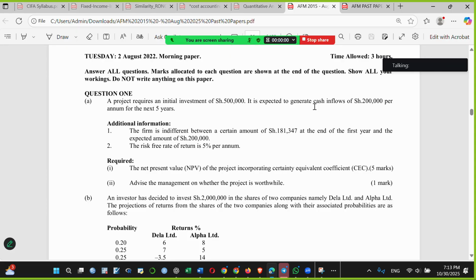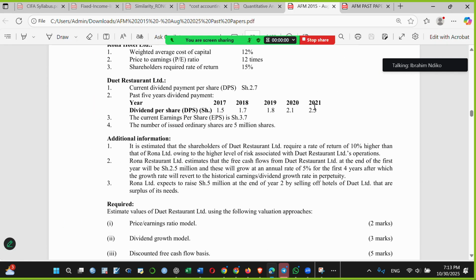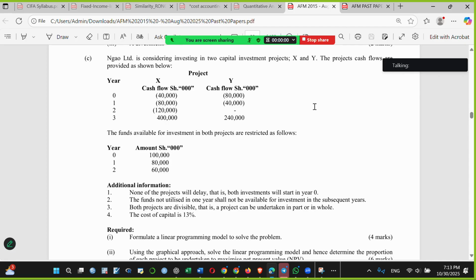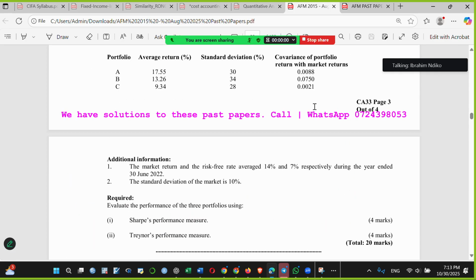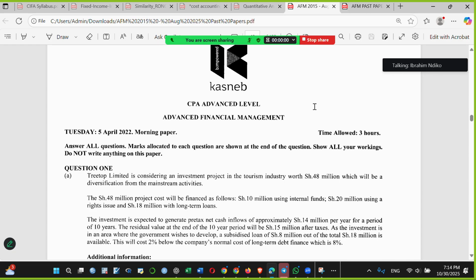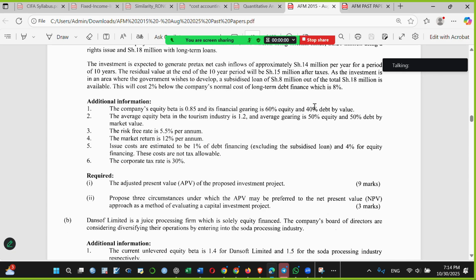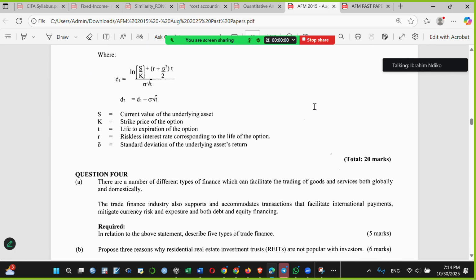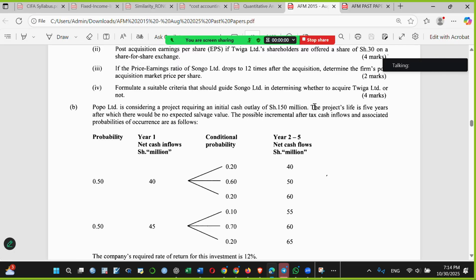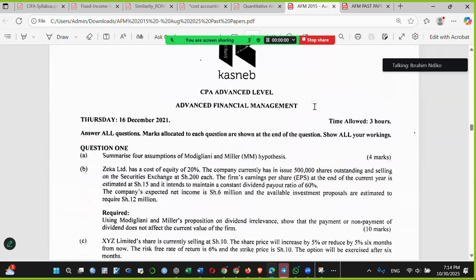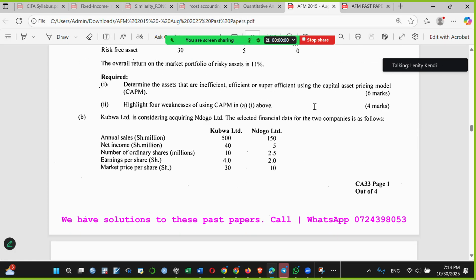Add linear programming also as another method there.